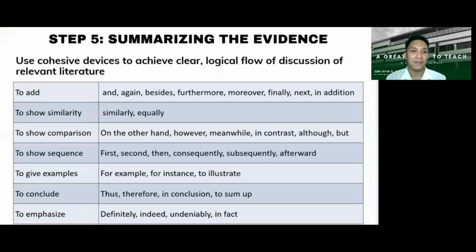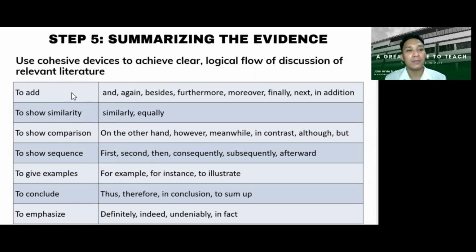In summarizing the evidences, we have to use cohesive devices to achieve a clear logical flow of discussion of relevant literature. So you can take a screenshot of this particular table, because as you summarize all collected and reviewed literature, provide a good organization of your RRL through the use of these cohesive devices.